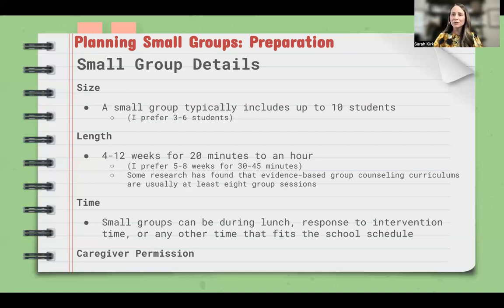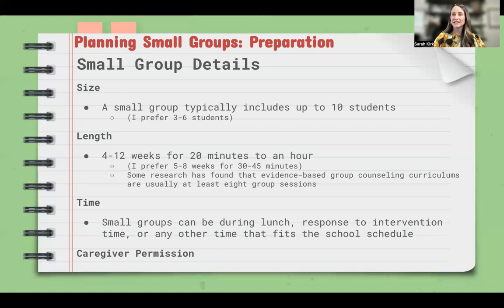All right, caregiver permission. This, unfortunately, I can't give you a real clear-cut answer because it depends on your school and your principal and your district. So some schools want you to get a permission slip signed for every kid in every small group, and some don't. So you're going to have to check with your school and see what they prefer.